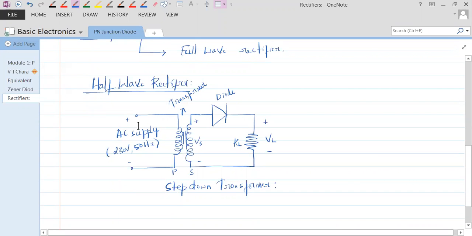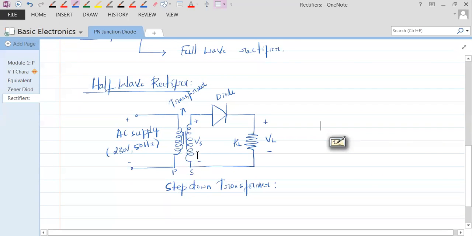The AC supply, which is 230 volts 50 hertz, is applied at the primary of the transformer. So the transformer steps down this 230 volts to a smaller voltage value, which we shall call Vs. Why is it called Vs? Because it's the voltage across the secondary windings.